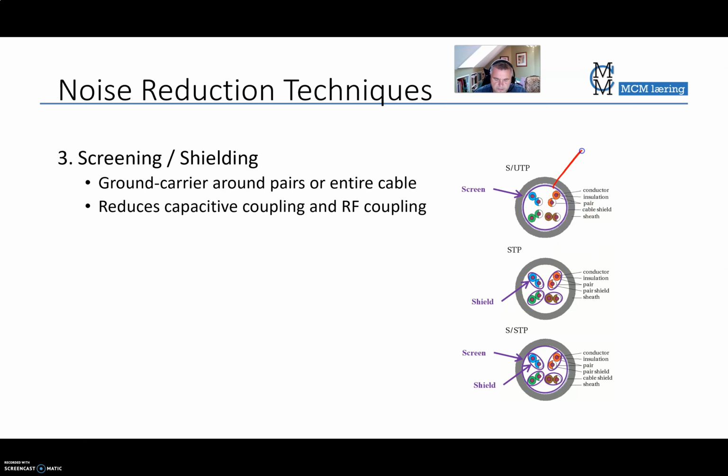Here you avoid having signals from neighboring sources of noise going into the conductor like that. And of course, in many cables you have both elements. You have both the individual pair shielding, and you have the overall shielding like that.